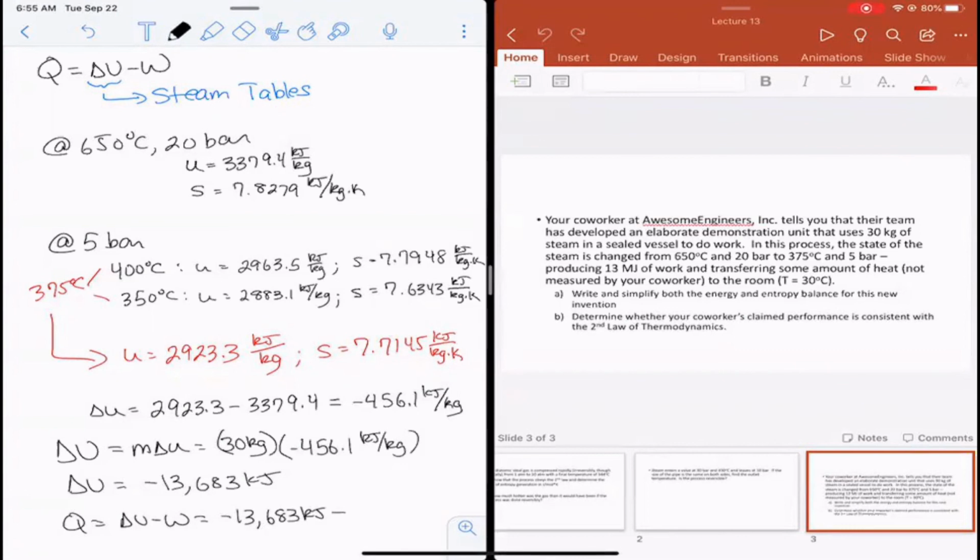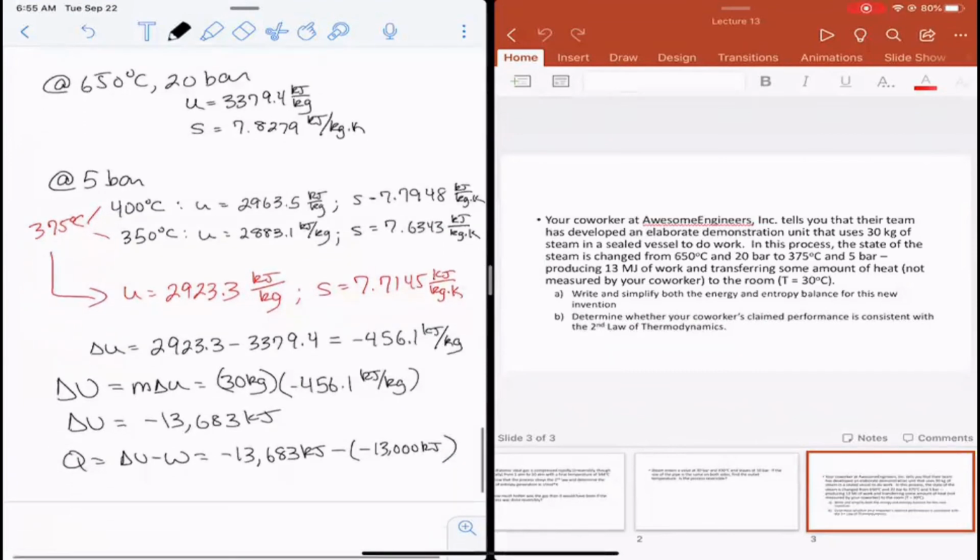And remember, if the system is the steam, it says in the problem statement that the steam is doing work on the surroundings. And so the sign is negative, and 13 megajoules is then 13,000 kilojoules. And you can find that the heat given off in this process is minus 683 kilojoules.